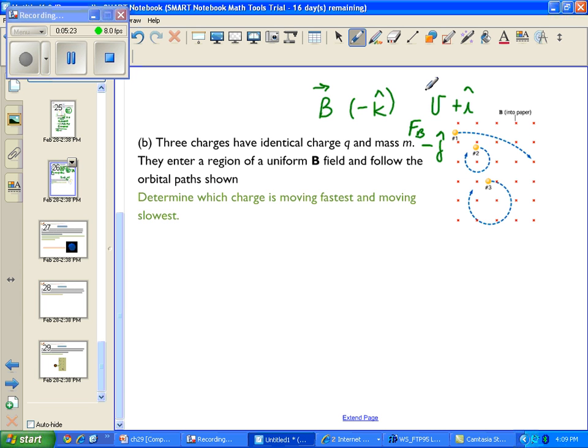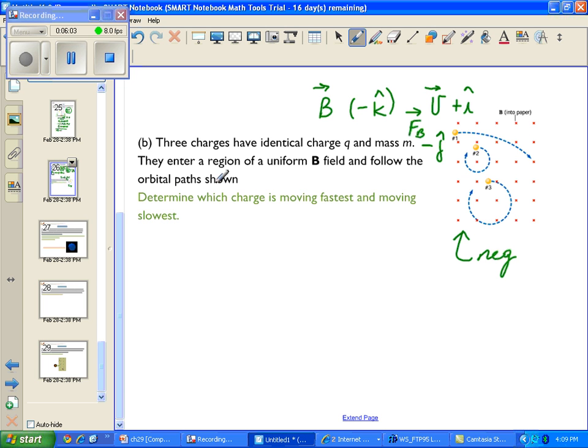Well, first, before we read on, let's determine if all of these are positive or negative, and certainly they're not neutral. i hat cross k hat is equal to minus j hat, but because we have a minus k hat, it becomes a positive j hat. If these were positive particles, they should bend upward in the positive j hat direction instead of downward in the negative. So it must be that all three are negative charges.